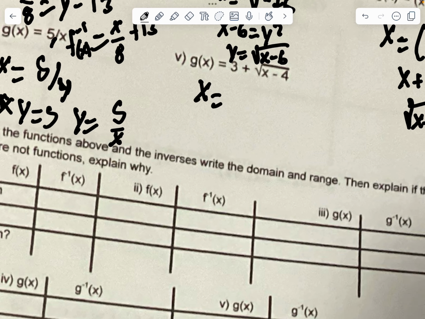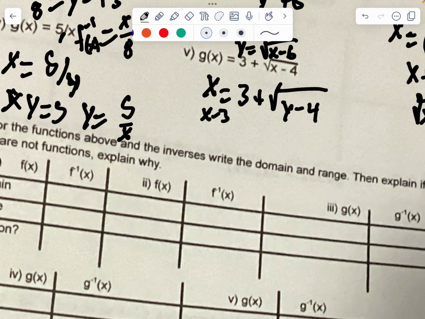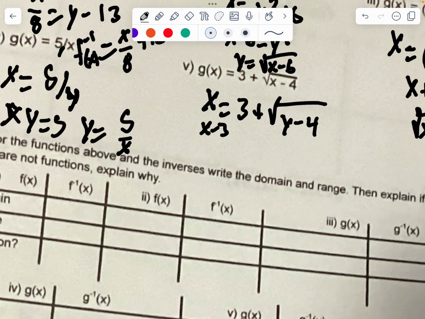x equals 3 plus square root of y minus 4. Subtract 3 first. x minus 3 equals square root of y minus 4.